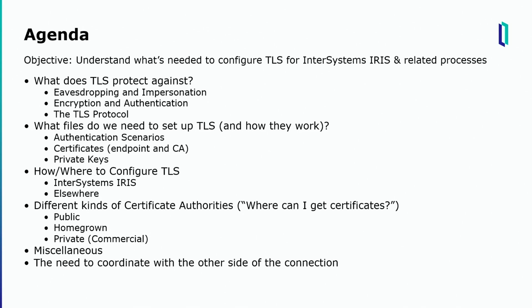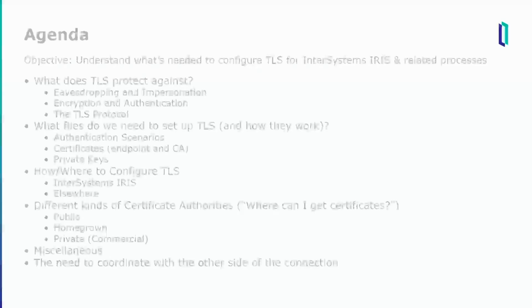Then, so you know different options for obtaining certificates, we'll discuss different kinds of certificate authorities, be they public, homegrown, or private commercial. Then we'll have a smattering of miscellaneous items, things that may be helpful for you as you're configuring TLS. And spread throughout, we'll emphasize the importance of coordinating with the other side when configuring a connection.